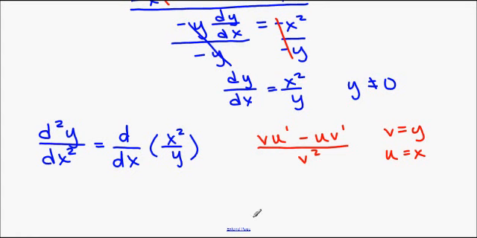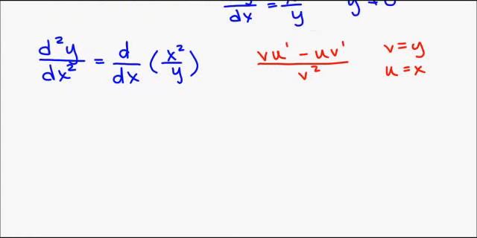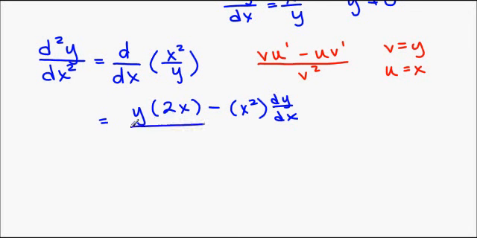So this is equal to then y times the derivative of the top, which is 2x, minus x squared, derivative of y, dy dx, over y squared.